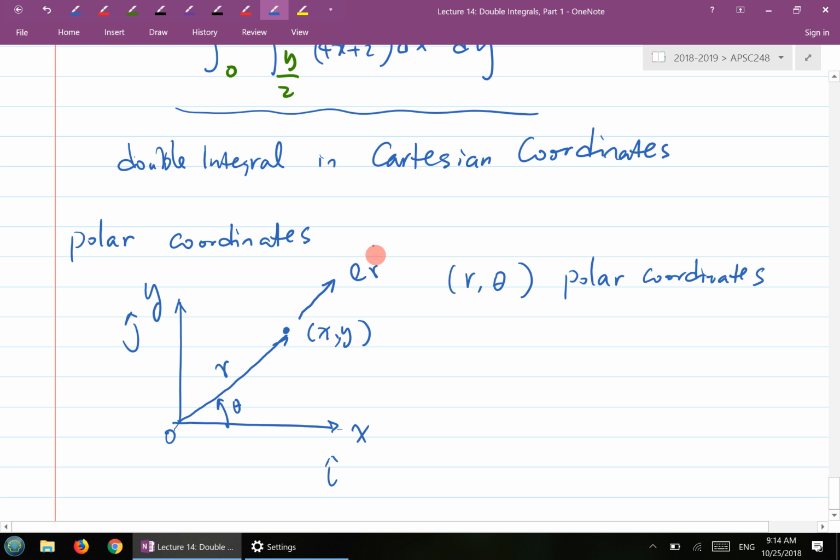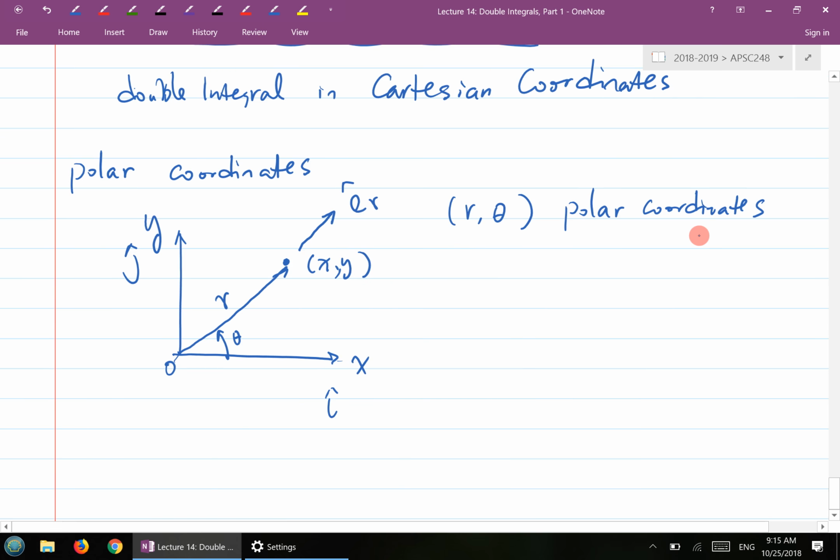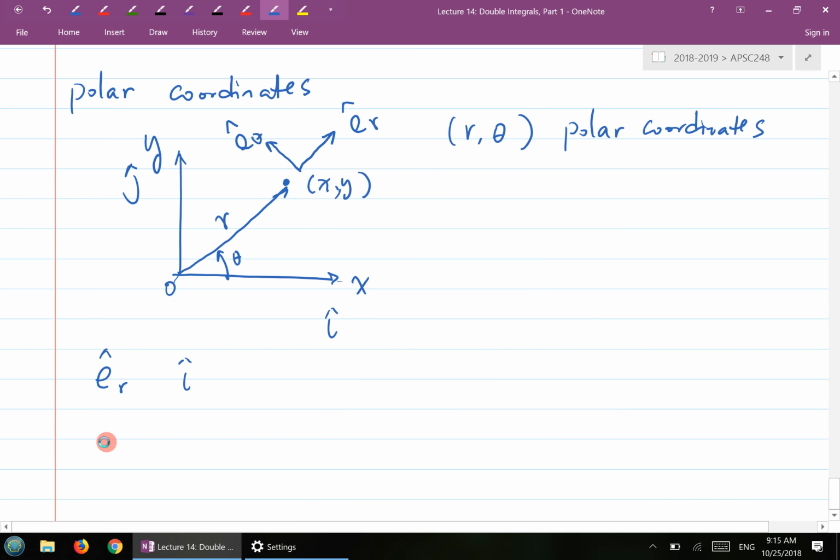Here I will call it the unit vector e_r hat. This is just like the i hat, a unit vector representing that direction. At the same time, I can also create a perpendicular unit vector. We call it e_theta hat. This is like the counterpart of the j hat.